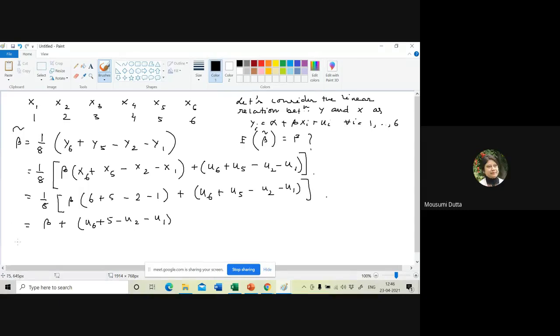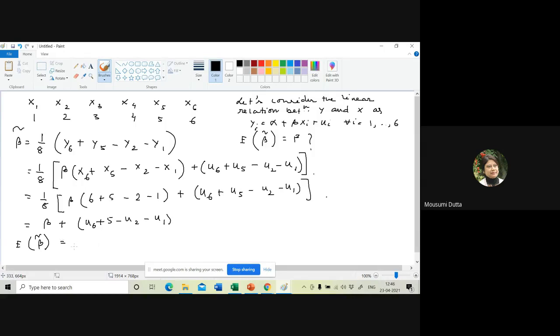The next step, take expectation of beta tilde and tell me what you are getting. Beta. Rest of the students, what are you getting? Beta. Why are you getting beta? Because expectation of the error term is 0.